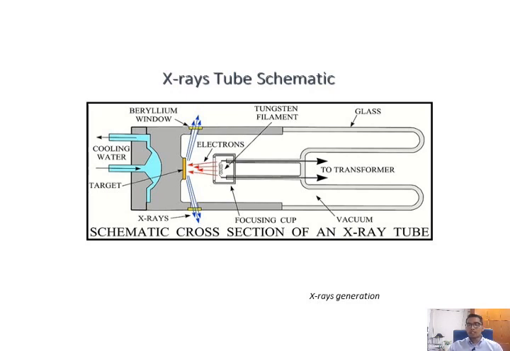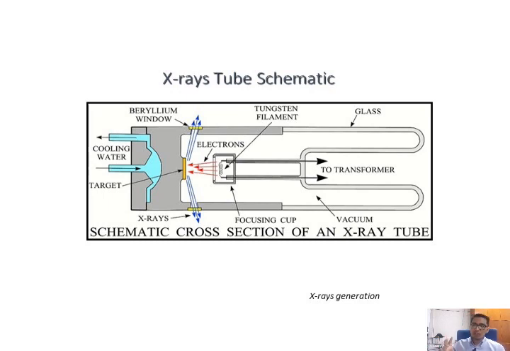So how are these X-rays generated in the first place? You can see in the figure we have a tungsten filament. At first, this tungsten filament will be heated, and once it reaches a certain temperature, it can produce electrons from the tungsten filament.